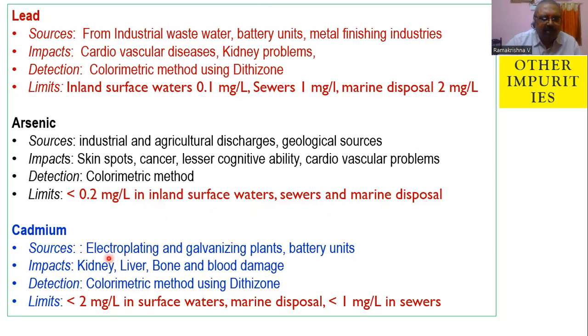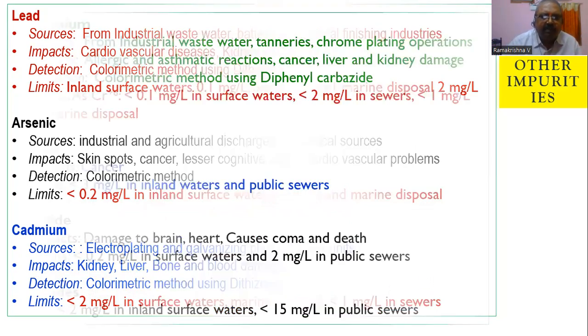Cadmium is generated from electroplating and galvanizing plants and battery units. It can cause kidney, liver, bone, and blood damage. It can be detected using the colorimetric method. It should be less than 2 milligram per liter in surface waters and under marine disposal also, and 1 milligram per liter upper limit in sewer disposal.